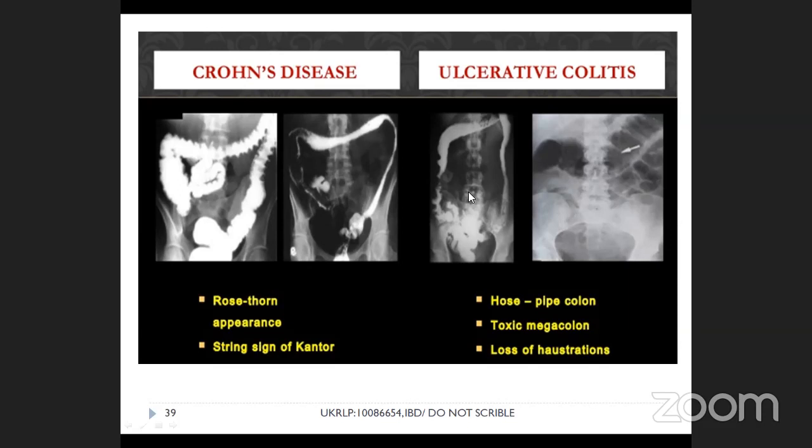Here we can see the lead pipe colon in ulcerative colitis, and there is a gross dilatation of the colon, which is seen in toxic megacolon with loss of haustrations in this picture.